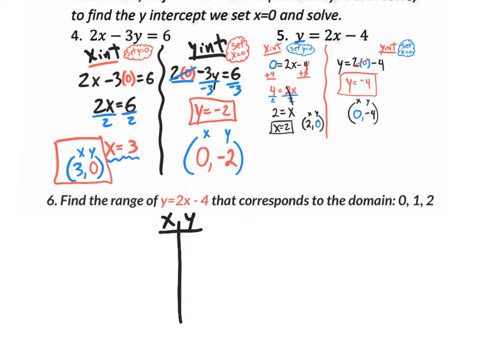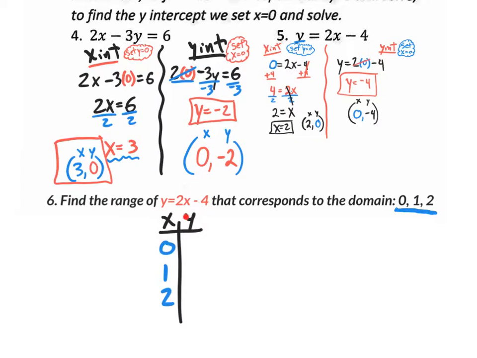And remember, the domain values are the input values. So we're going to take the domain values 0, 1, and 2, and put them into the x position. So you're going to have 0, 1, and 2. And you need to find the corresponding range values, the outputs.